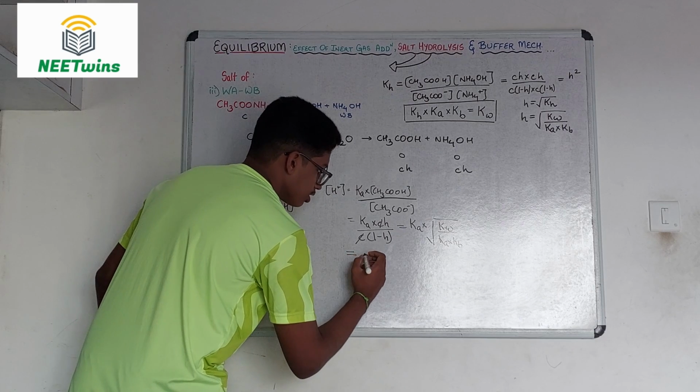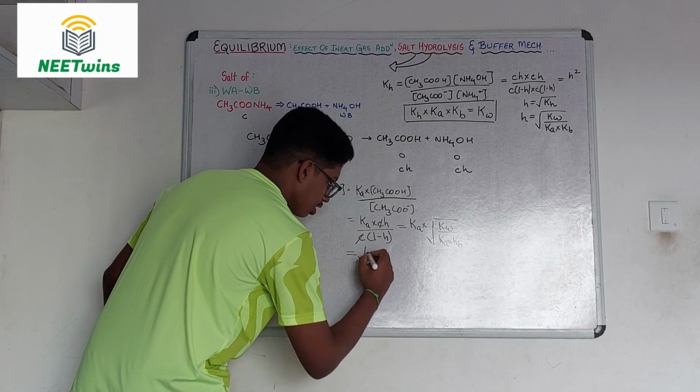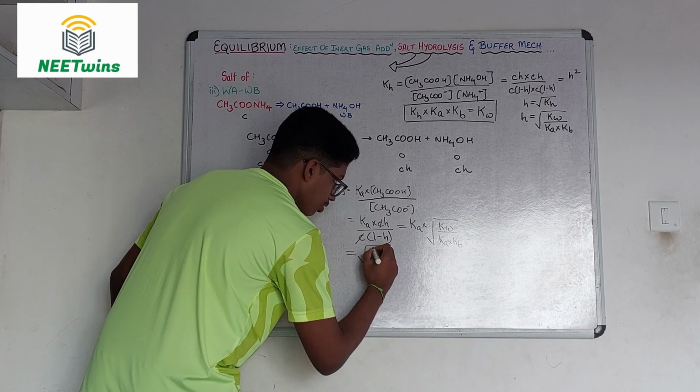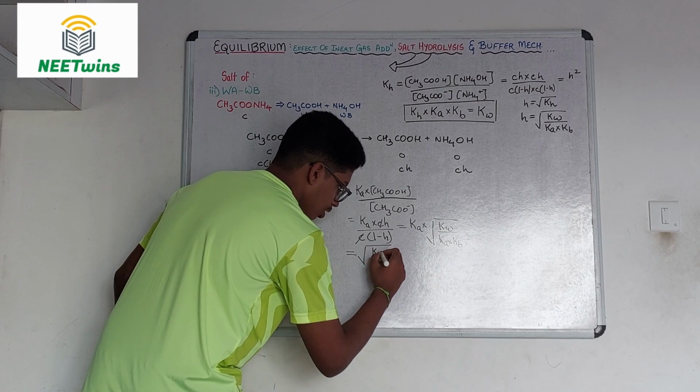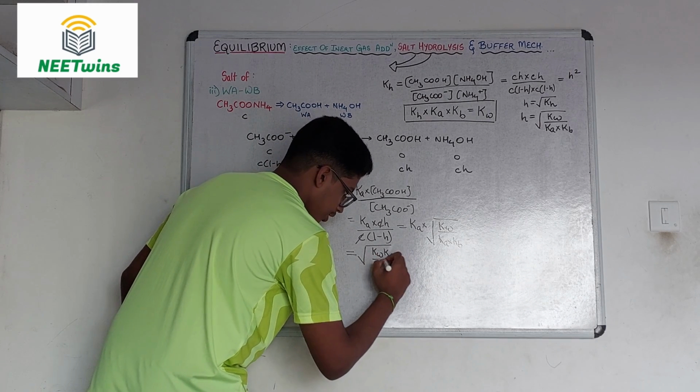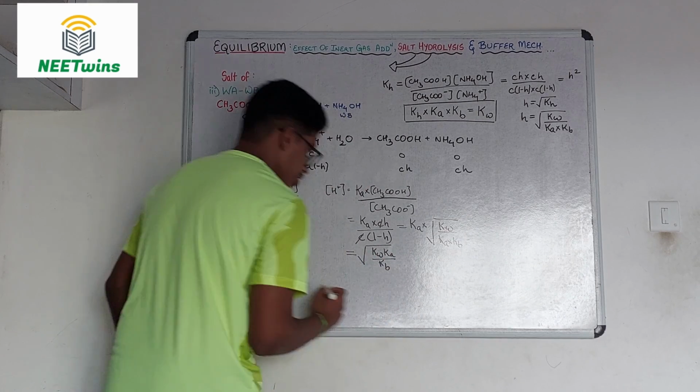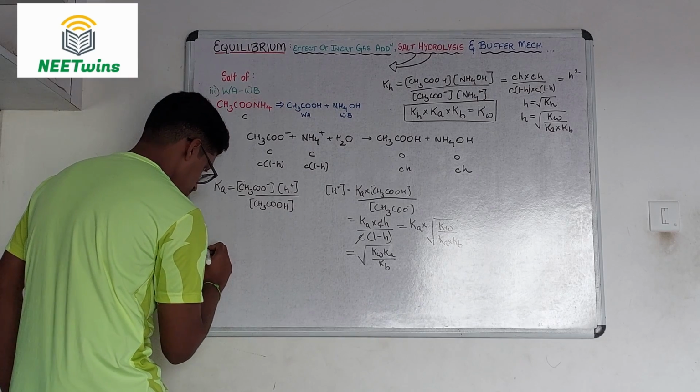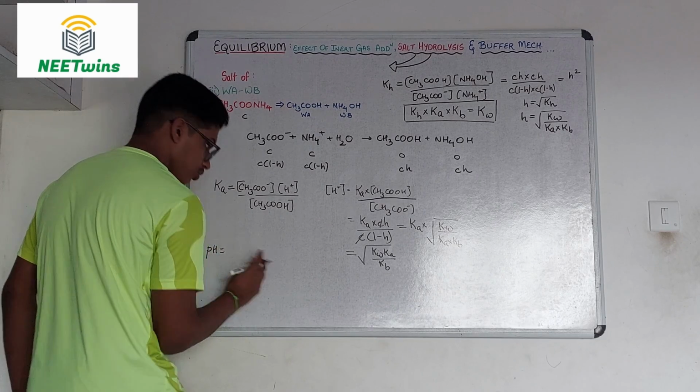So H plus concentration turns out to be root of Kw Ka by Kb. So finding pH from this, we get pH is negative logarithm of this.